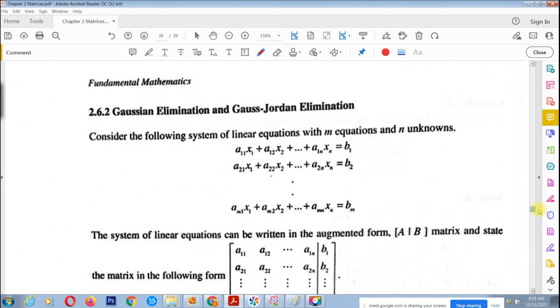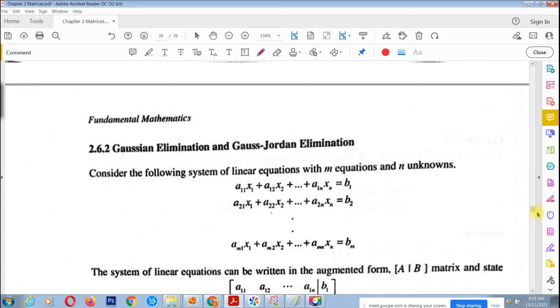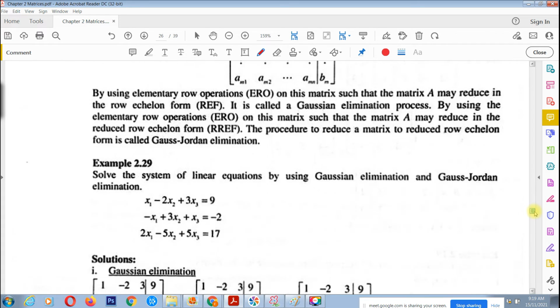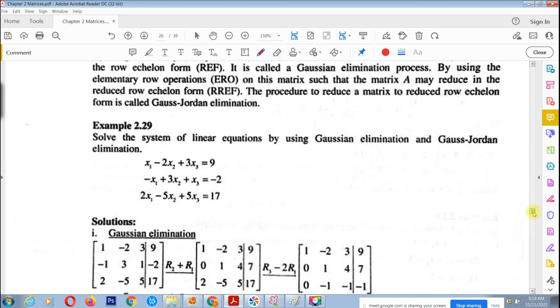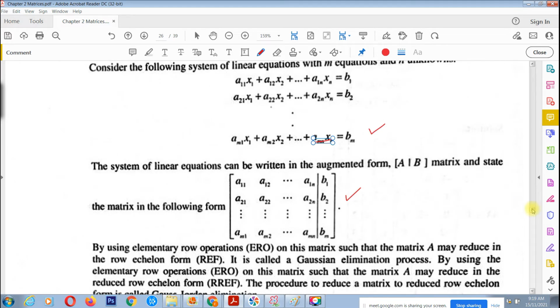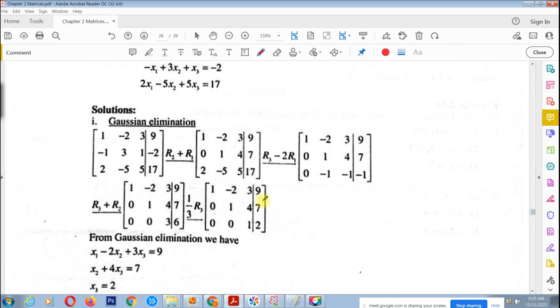If you see here, this is Gaussian elimination. First of all, we have this matrix, and then we perform operations on it to find this diagonal form. We just make sure the lower values are 0, and we stop here.